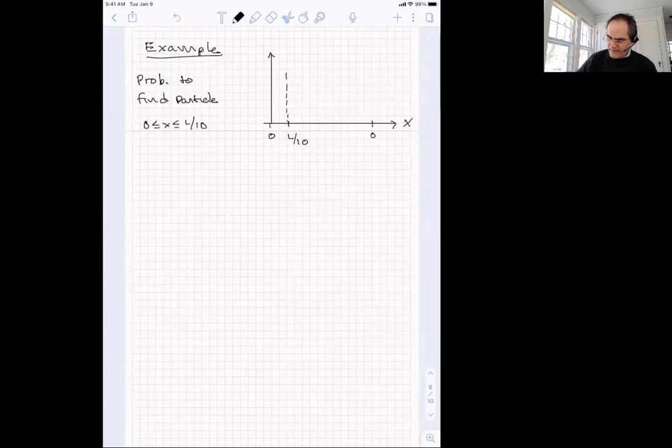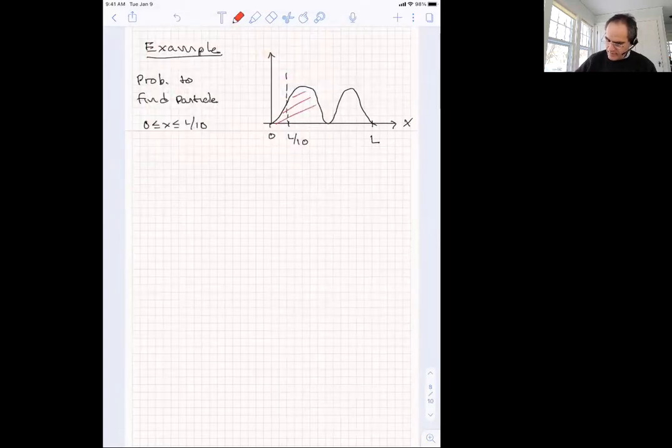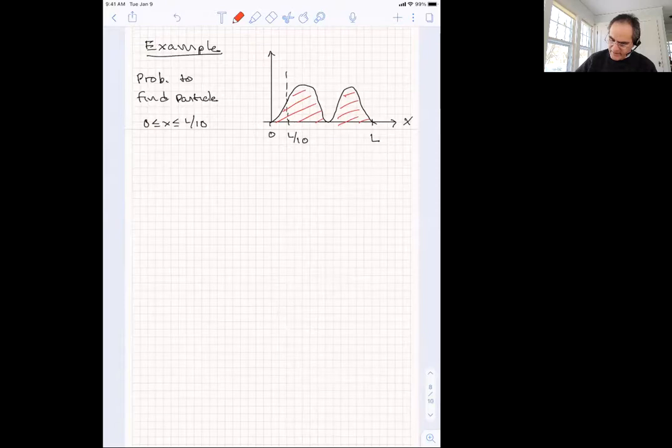All we have to do is imagine the probability density, which I've tried to sketch here. Let's say for the n equals 2 state. And then we just need to figure out the area under the curve in the region of interest between x equals 0 and x equals L over 10.